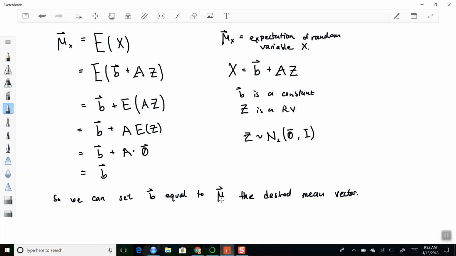All right, now how are we going to get the matrix A so that the variance covariance matrix of this variable x will equal what we desire, right?